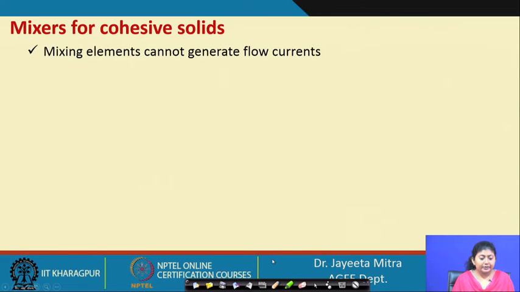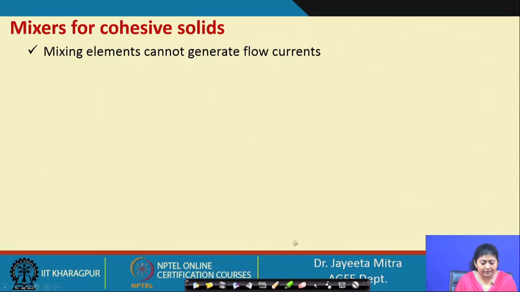Next we will see the mixtures for cohesive solids. Now, the property of the cohesive solid is different from the property of the free flowing solid material. For that we have used the tumbling mixtures or fluidized mixture, but we cannot use those for the cohesive solids.